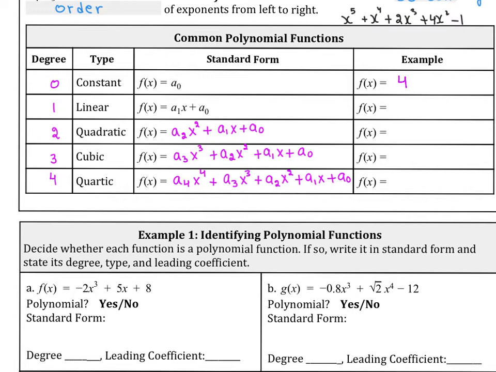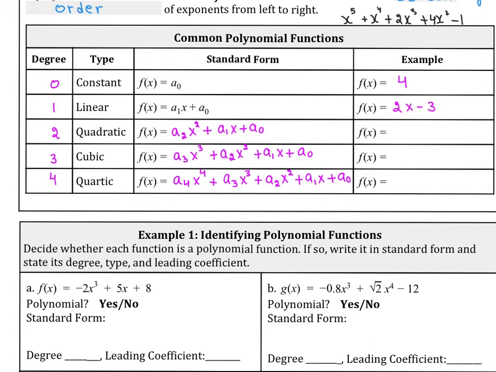If the degree is 1, then we call this type of polynomial linear. You have seen linear polynomials in the past. For example, 2x minus 3 or 2x plus 3, or anything in the form of mx plus b, is called linear.